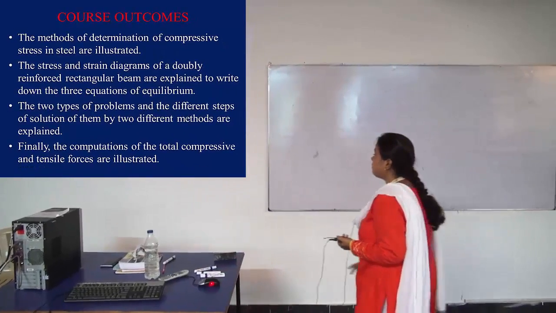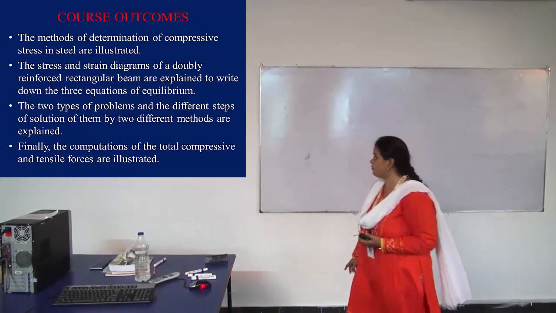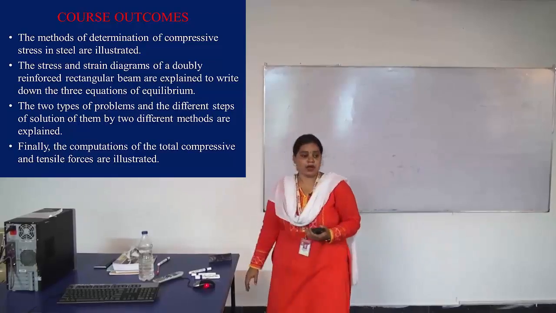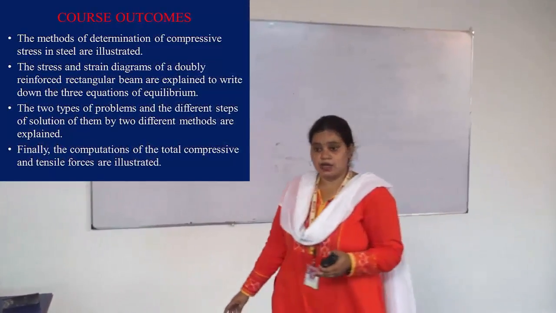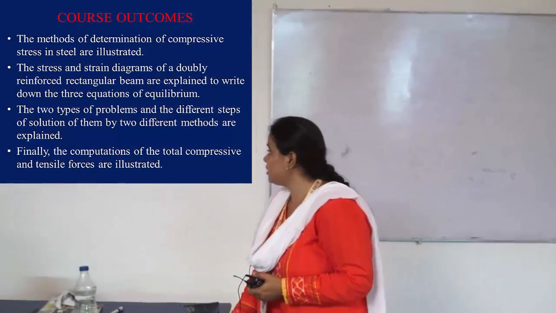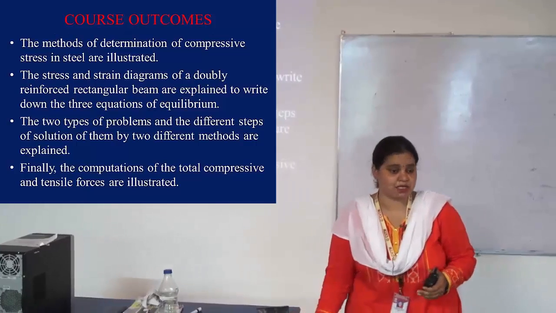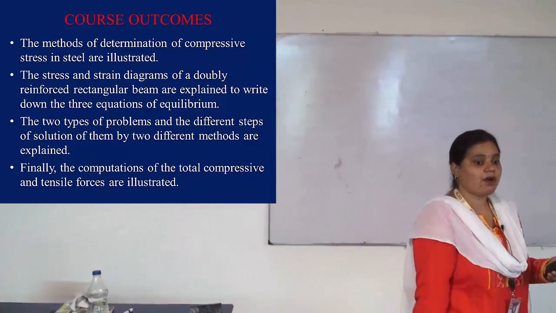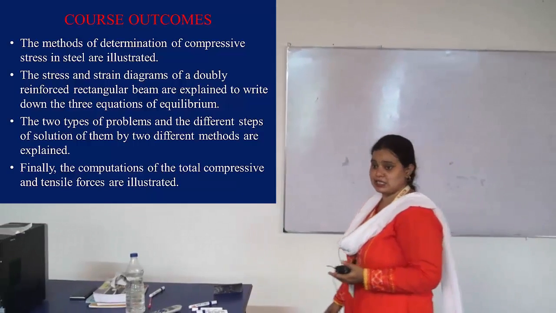Now, the two types of problems and the different steps of solution of them by two different methods are explained. We did the analysis part and design part. In the analysis part, the different steps are there; in the design part, different steps are there. In the analysis part, we found the moment of resistance of the actual section.